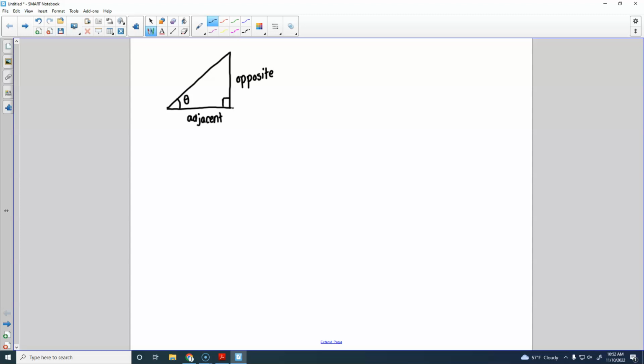Dividing those two always gave you the same thing if you had the same angle there. If you had an angle of 50 degrees, it was a different number, but you always got that same thing if you did opposite over adjacent.